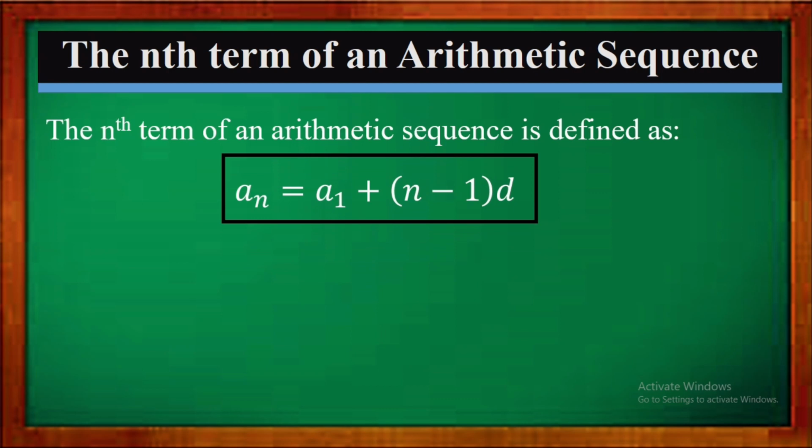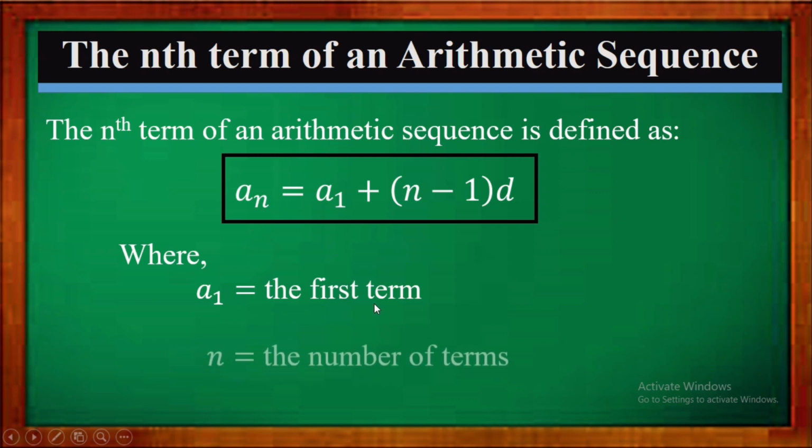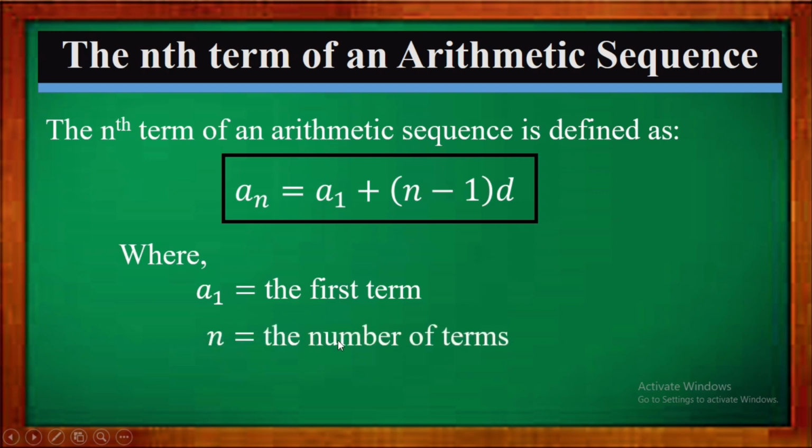A sub n equals a sub 1 plus n minus 1 times the common difference d, wherein a sub 1 stands for our first term, n stands for the number of terms, and d stands for the common difference.